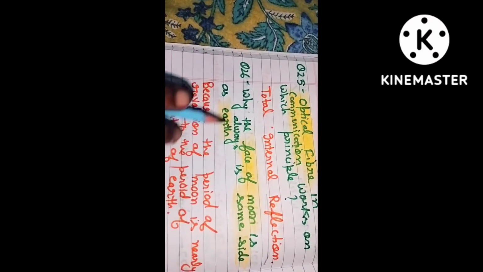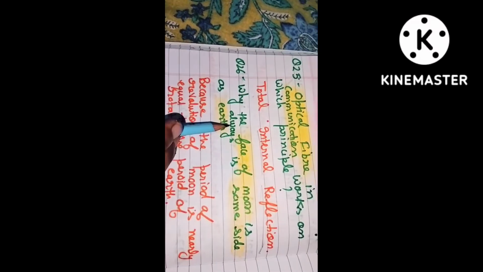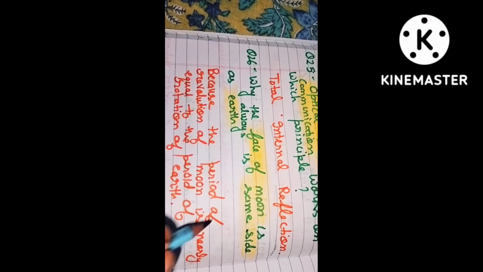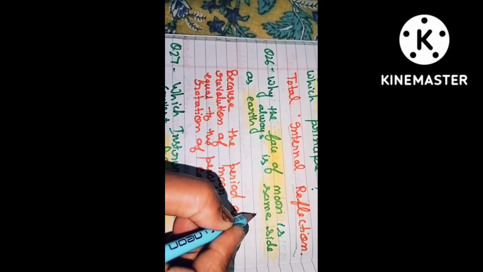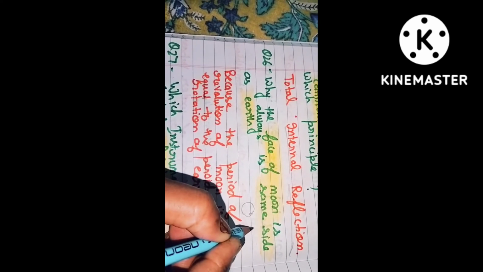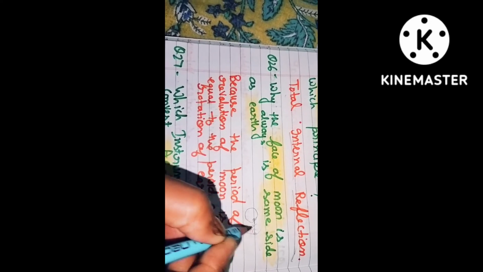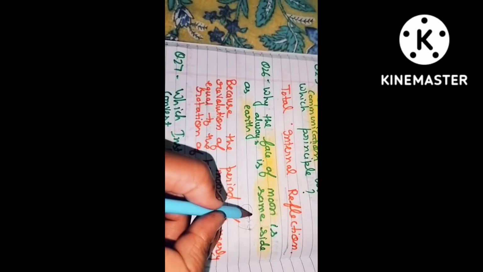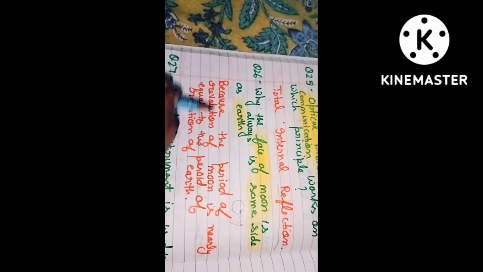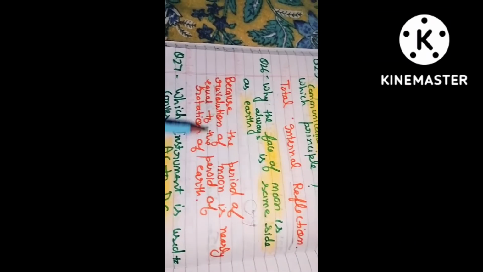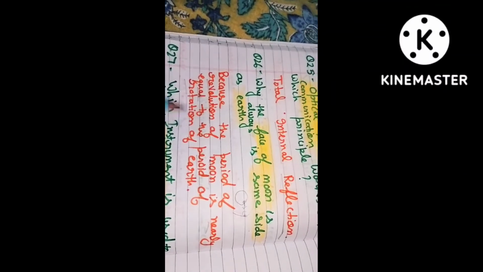Next, why is the same face of the moon always seen from the earth? This is like the earth and this is the moon. The same side faces us because the period of revolution of the moon is nearly equal to the period of rotation of the earth.